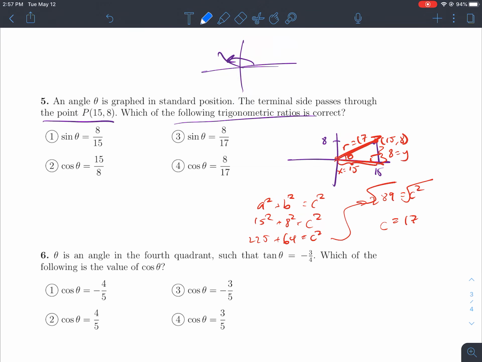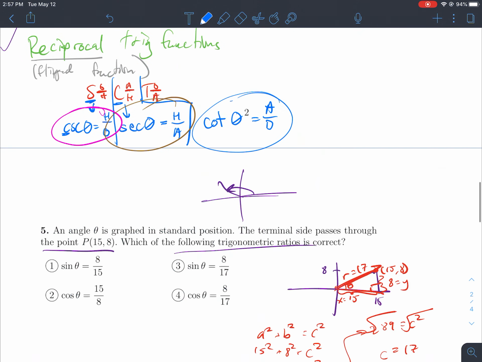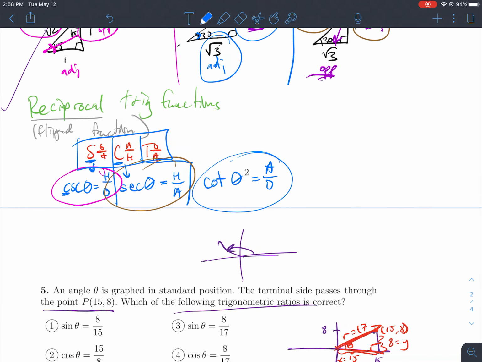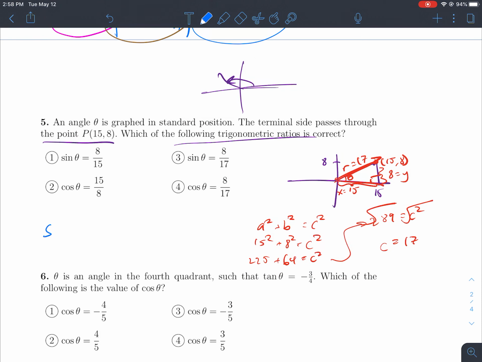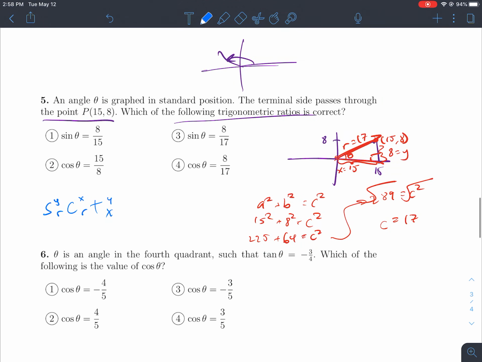All right. Now the key part of this problem is we had SOH-CAH-TOA, but we had our coordinate plane formulas as well. Sine was y over r, cosine was x over r, and tangent was y over x. So sine is y over r. Is this y?